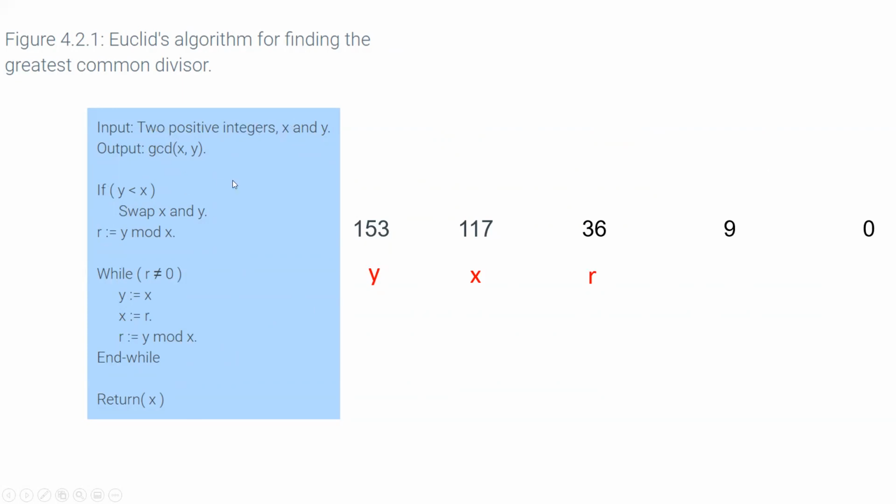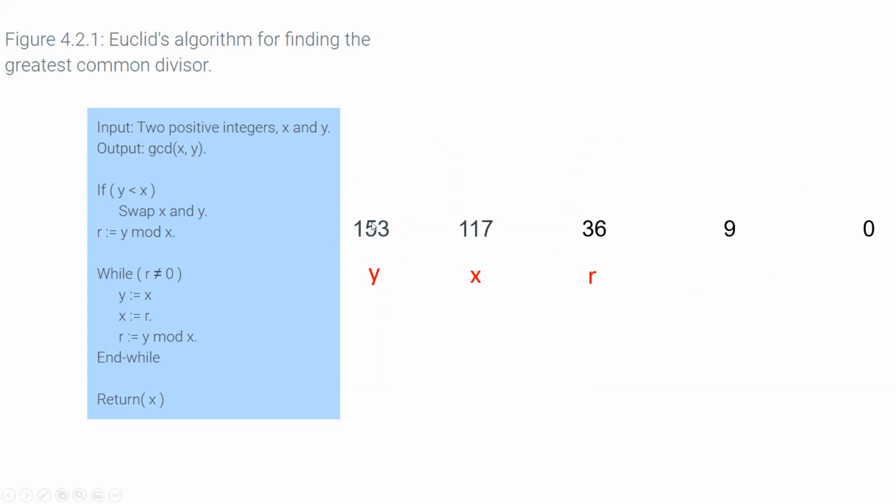It says if Y is less than X, then swap, because again, we want the Y to be considered the largest. So here, pretend like 36, 9, and 0 aren't there.